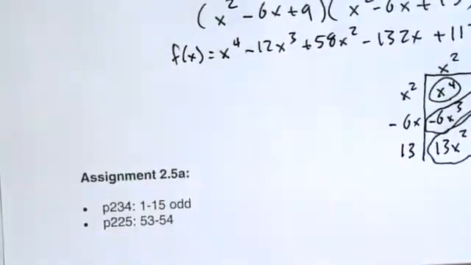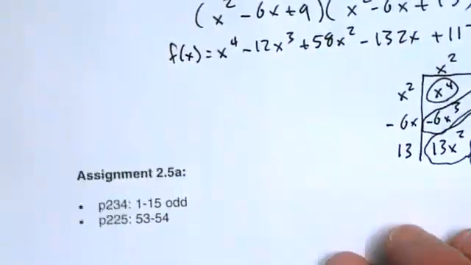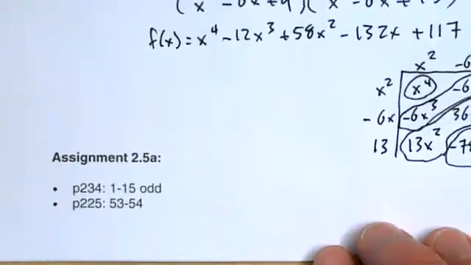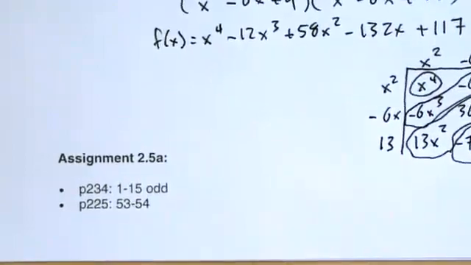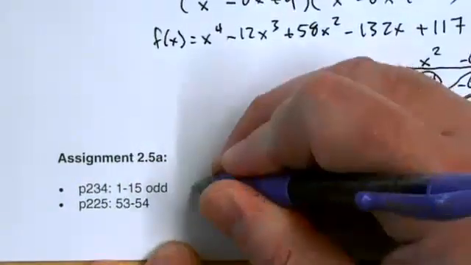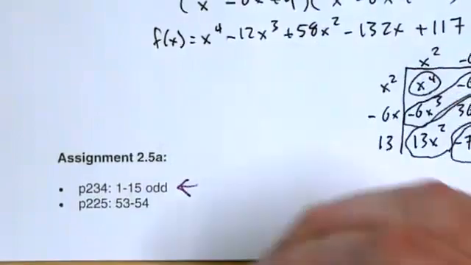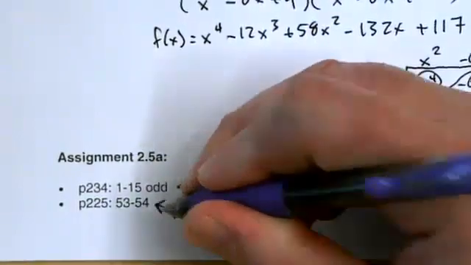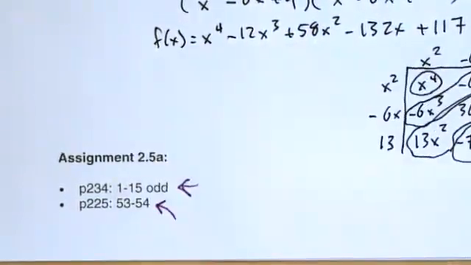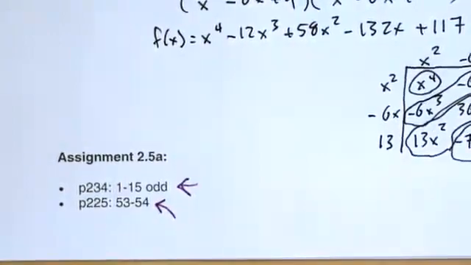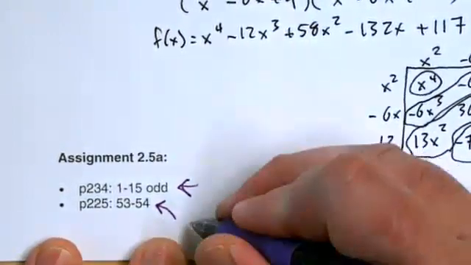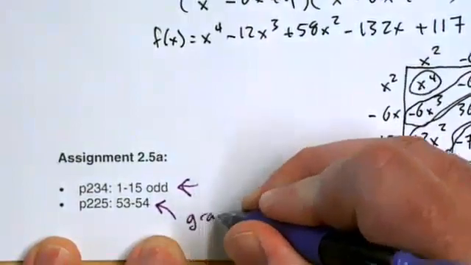All right, so you've basically got 3 sections of problems for your assignment. The examples that we did mirror these sets of problems. In addition, you're going to be doing some problems from 2.4. For 53 and 54, these are the ones that you should be doing by hand. So don't forget, you're looking to graph.